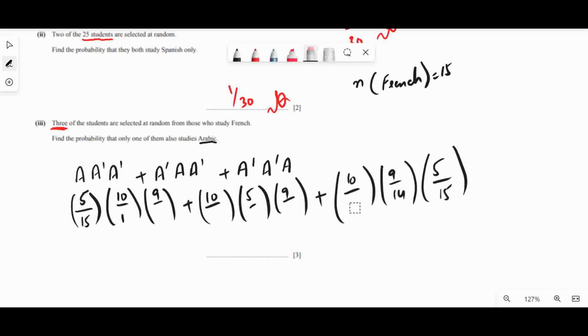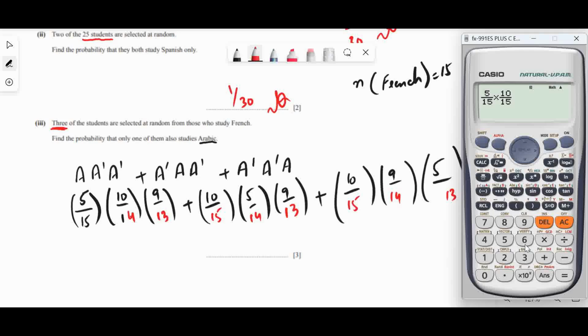It will change the total number of French students. So for the first pick it is 15, for the second pick it will be 14, then 13. Similarly, 15, then 14, then for the third pick 13. Again, 15, 14, and 13.